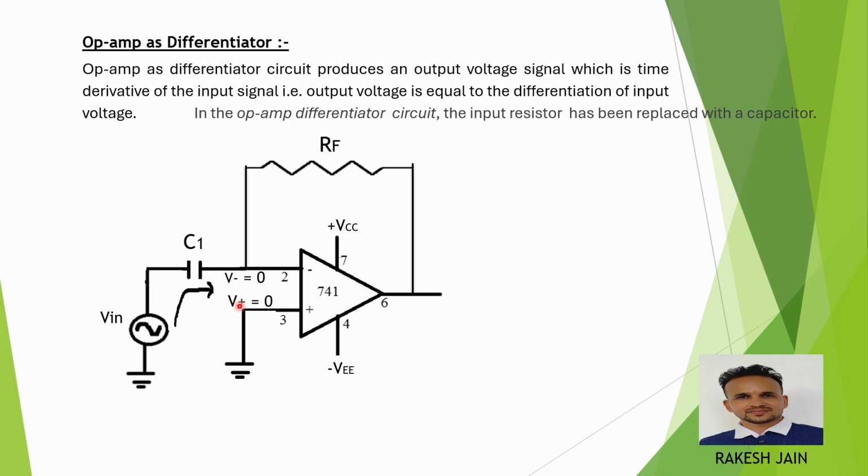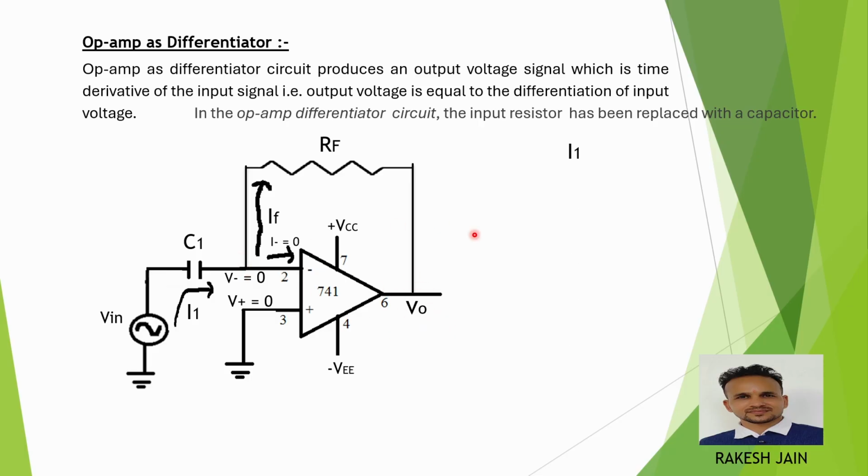Now the current flowing from V input, let's suppose, is I1 via the capacitor. Now at this node it will be divided into two sections. One side via the feedback resistor, denoted by IF. One side at the inverting input pin, denoted by I minus. To maintain the input impedance very high, we consider it approximately equal to 0. Let the output voltage be V node.